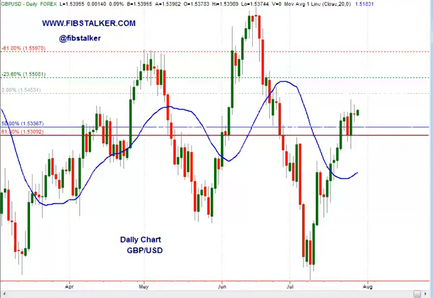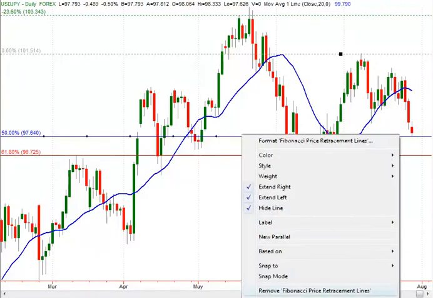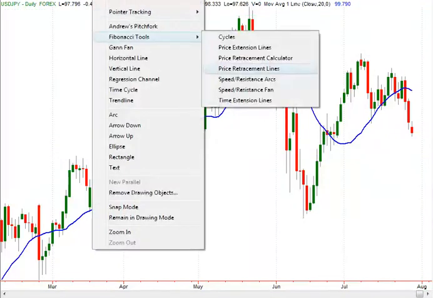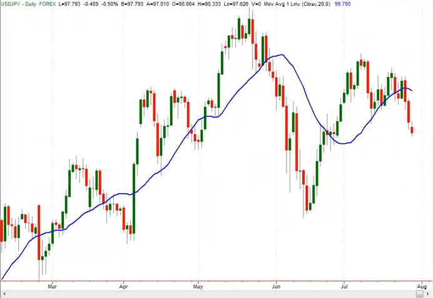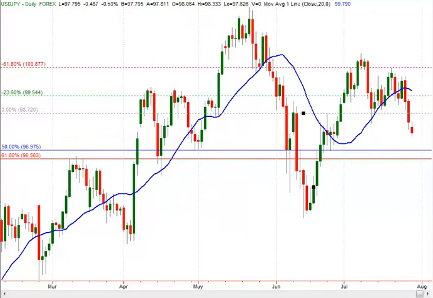Moving to the US dollar versus Japanese yen, you will remember that I mentioned near the end of June and the beginning of July that we had this sequence which started as an extension here, providing support to price into the 97 area, which brought price into the 91.50 and then the 180 second level of support.